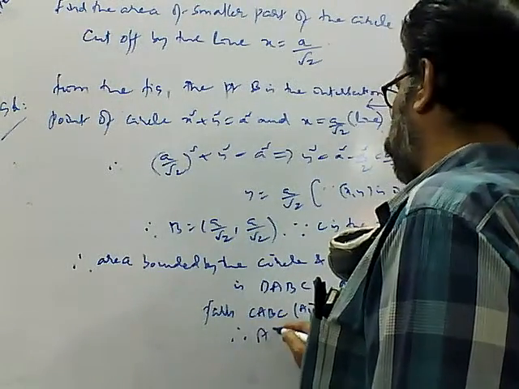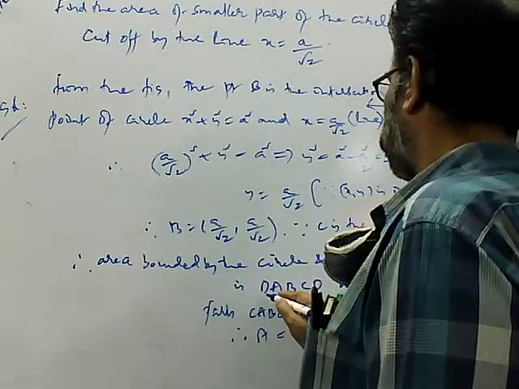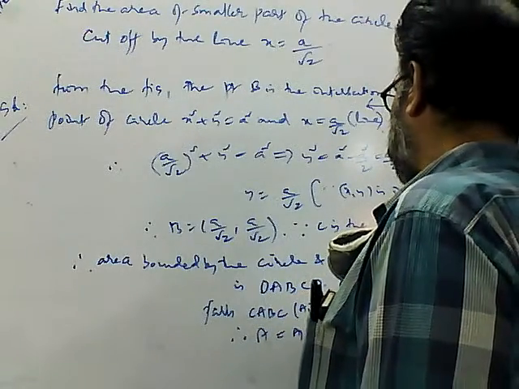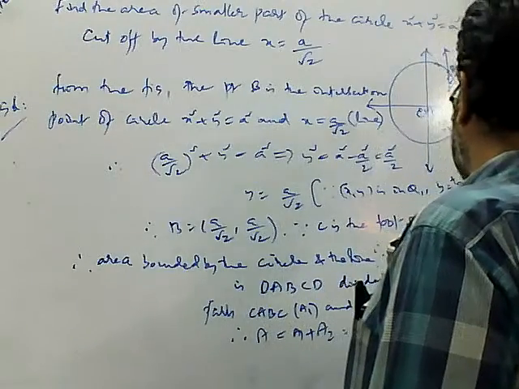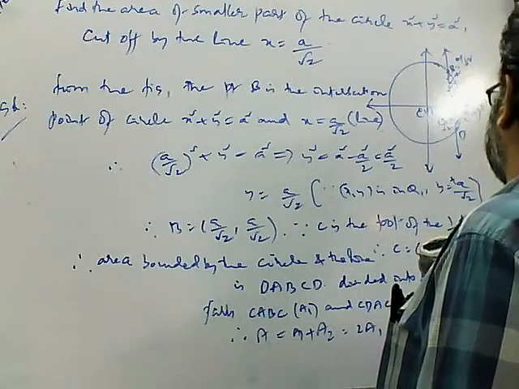Therefore, A is equal to A1 plus A2, which is equal to 2 A1, 2 into integral.